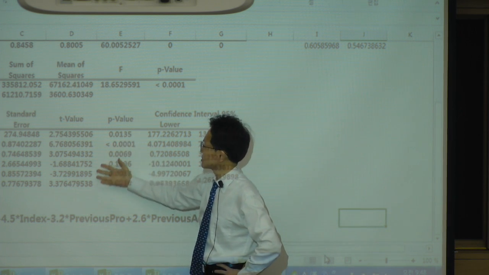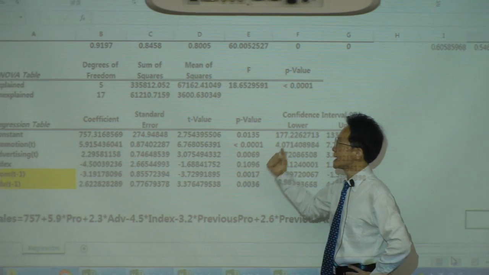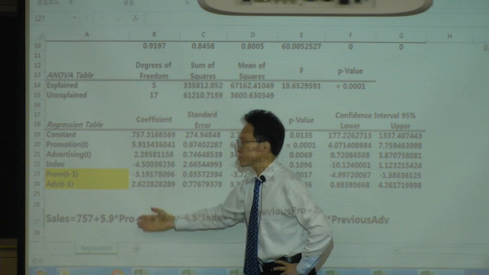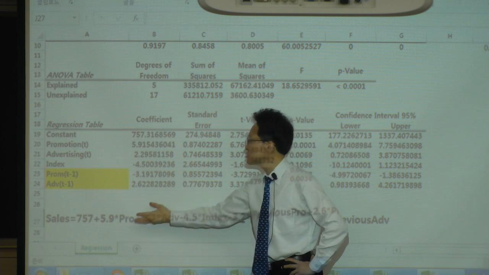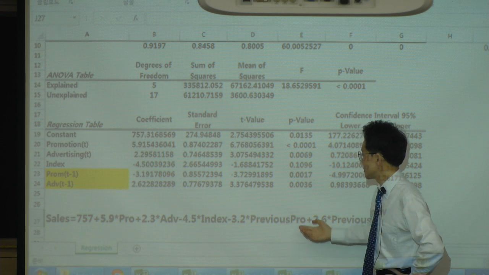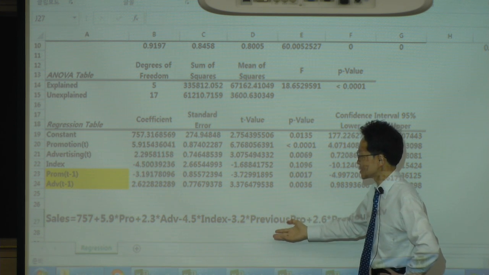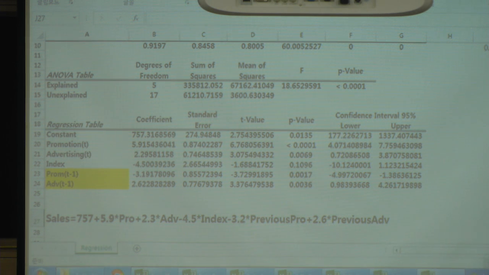Most of these p-values are very strong, and the signs of the coefficients are very strong. And then you need to reinterpret what it means, for example, what it means to have this promotion, what it means to have this advertising. Okay, so that's the overall procedure.